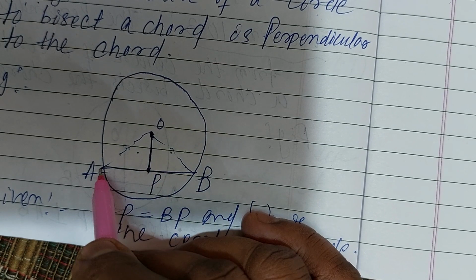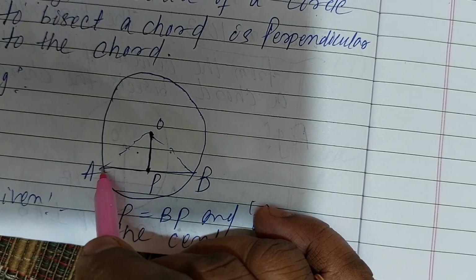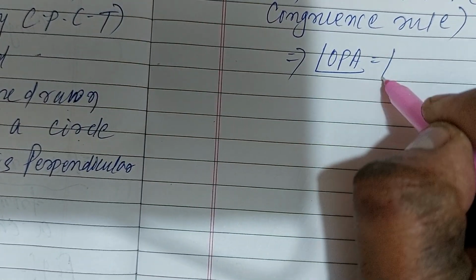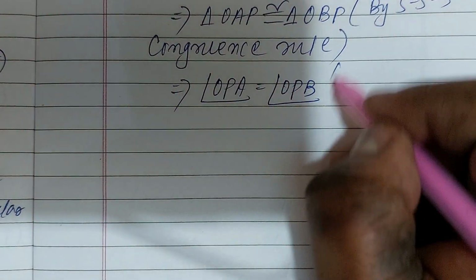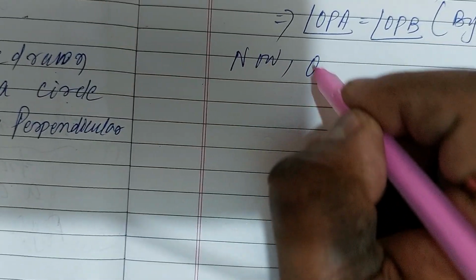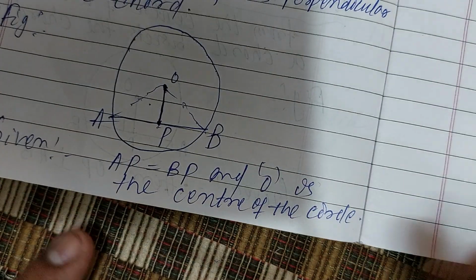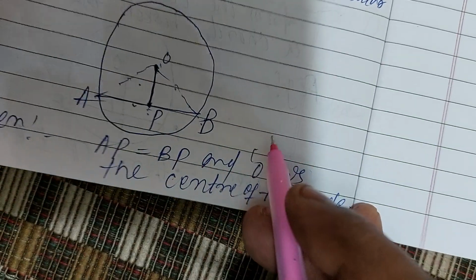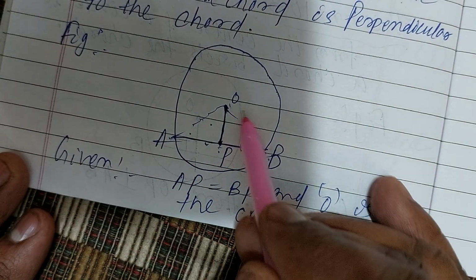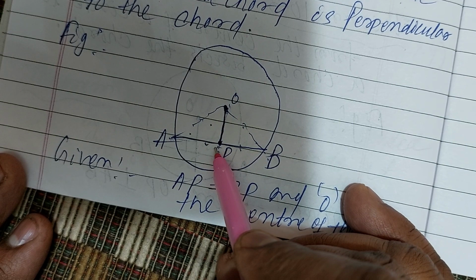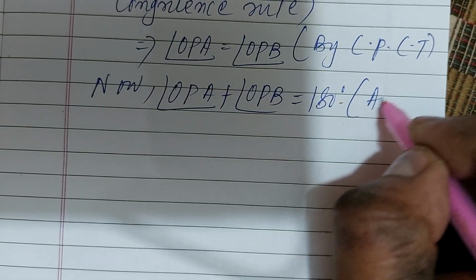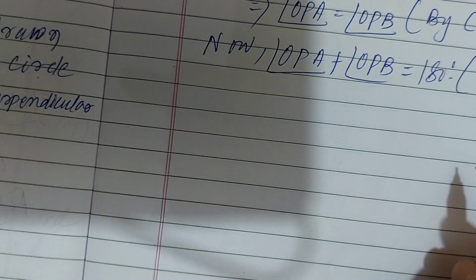So angle OPA is equal to angle OPB by CPCT. Now angle OPA plus angle OPB is the sum of the two angles on a line, so these are linear pair angles, 180 degrees, right?